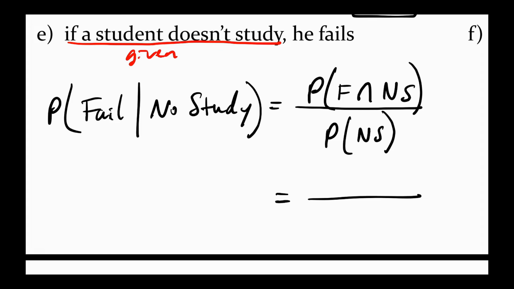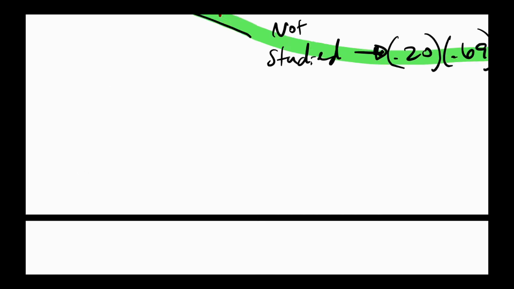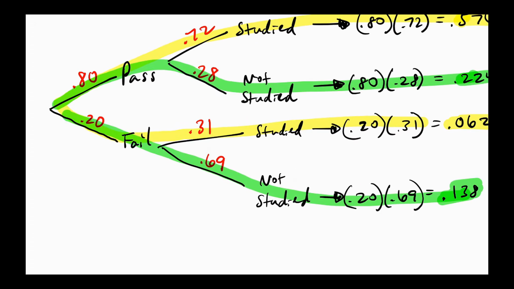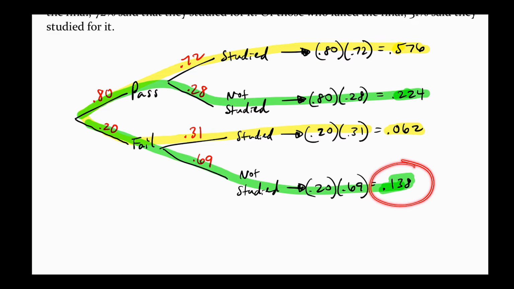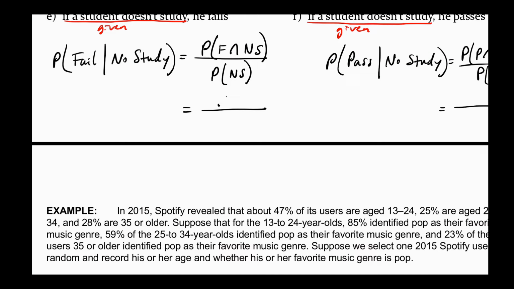So judging by my table here, fail and no study is 0.138. Okay, that's going to go on my top.